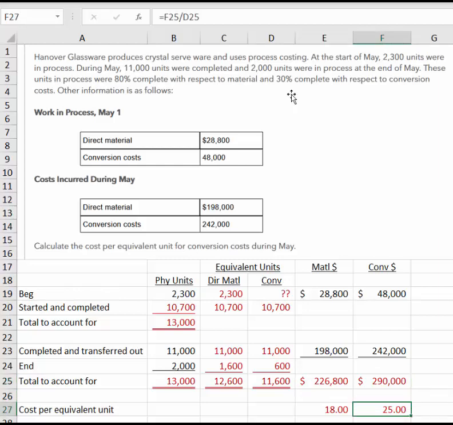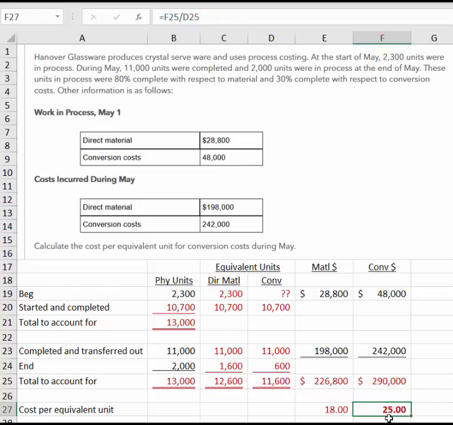And then divide by equivalent units. And this right here is what they're looking for. All right, there's your answer, that $25. How do we come up with it? Well, I simply take the 290,000 of conversion costs that we just determined and divided it by our calculation of the equivalent units. Okay, and that's really all there is to this one.